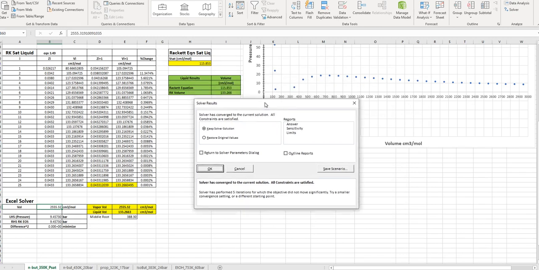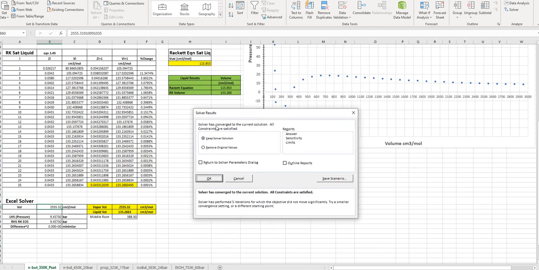So I click on that, and Solver has converged to the current solution. All constraints are satisfied. It says the solver has performed 5 iterations for which the objective did not change significantly. Try a smaller convergence setting or a different starting point. This would be if we thought there were problems. You can delve more deeply into this, but in this case, we're going to keep the solver solution.